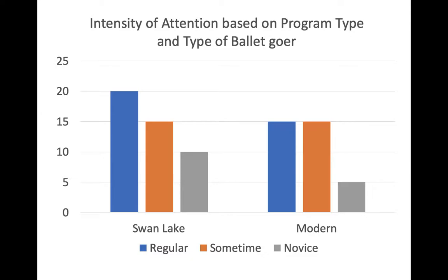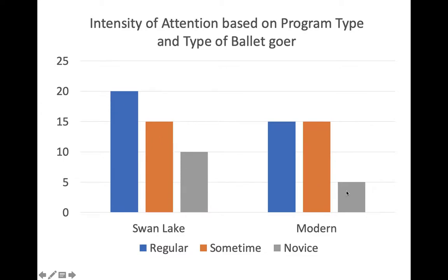Here's the other way to graph it. Here we'd have 2 groupings and then 3 bars, because the bars have to represent the 3 different types of ballet goers. With Swan Lake, we have regular, sometime, and novice, their intensity of attention plotted, and we can see that there's a decline from regular to novice.